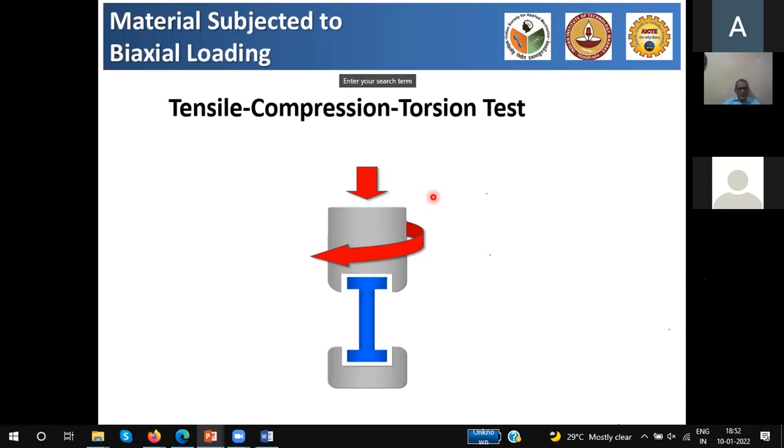multi-axial state of loading. But just because you have a multi-axial state of loading, do you require multi-axial testing? This is not well understood by people, and therefore this needs to be very carefully understood. So in recent times, people have developed multi-axial testing apparatus also, where you test material both in tension and also perhaps in torsion.